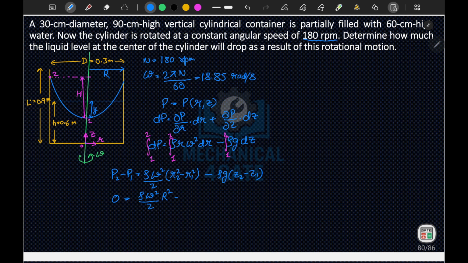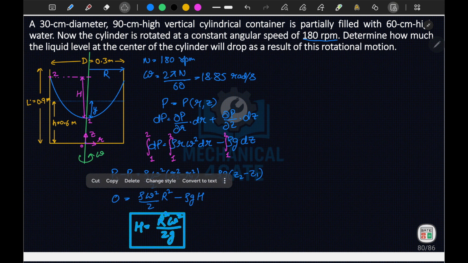Okay, minus, now here we can write rho g, this is your h. So from here I can write h is equal to r square omega square by 2g. So this is your height, this height.